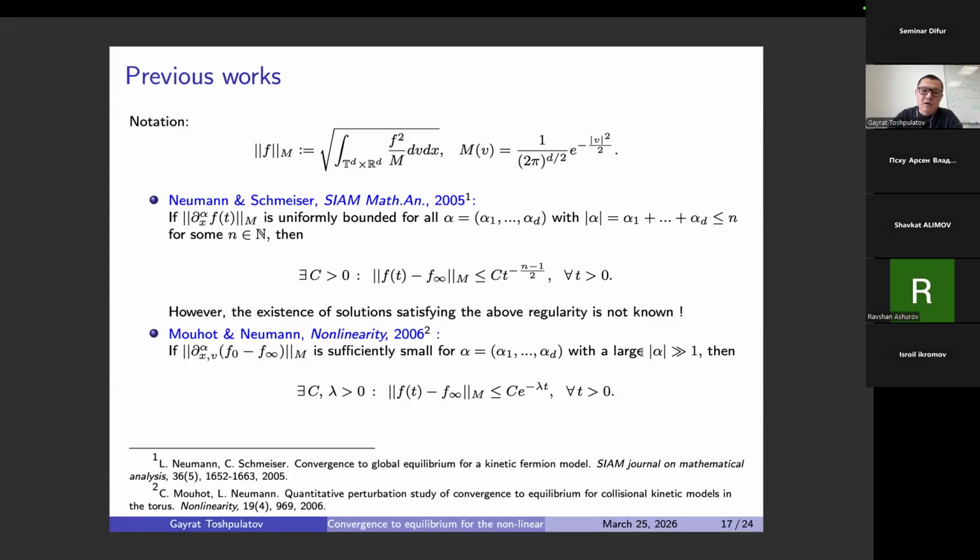Let's say alpha is bigger than, say, 10 or 100, for all big alpha.